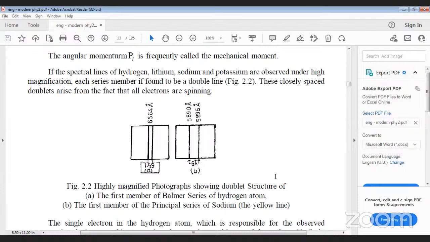The yellow light shows two spectral lines. One of them has a wavelength of 5890 and the other is 5896 angstroms. 1 angstrom is 10⁻⁸ centimeters. On average, what yellow color value do we take? 5893.